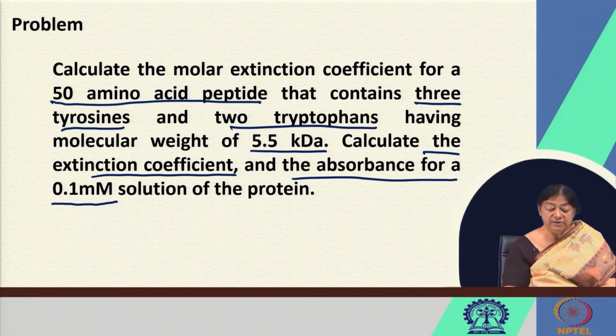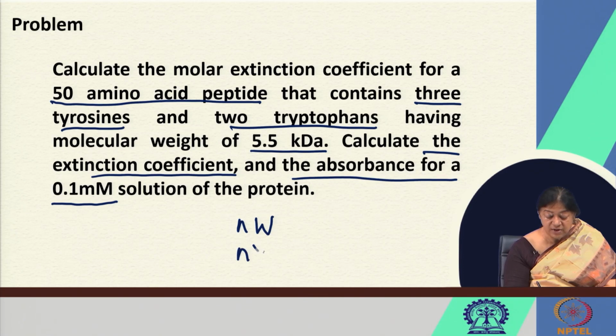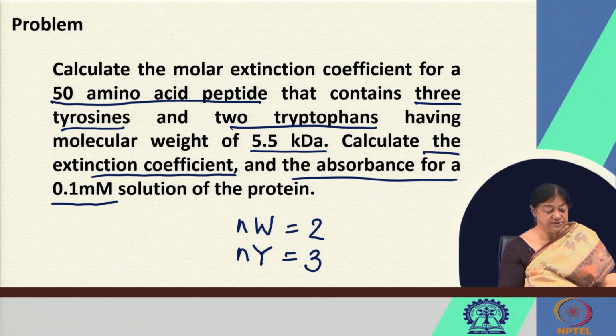So, the first thing to find out the extinction coefficient is that we need to know NW and NY. NW is equal to 2 because there are 2 tryptophans, and NY is equal to 3 because there are 3 tyrosines.